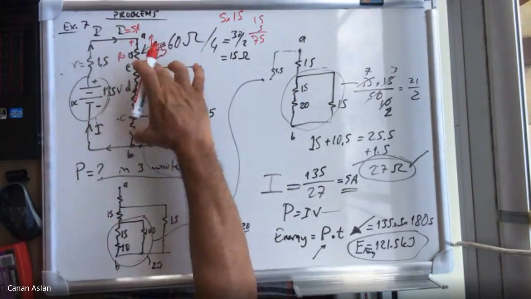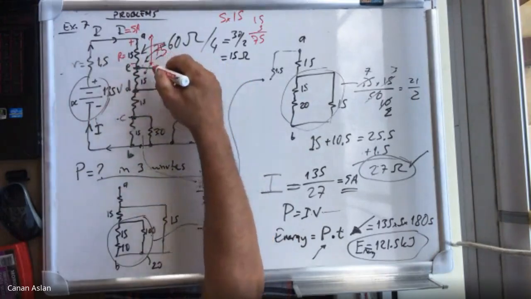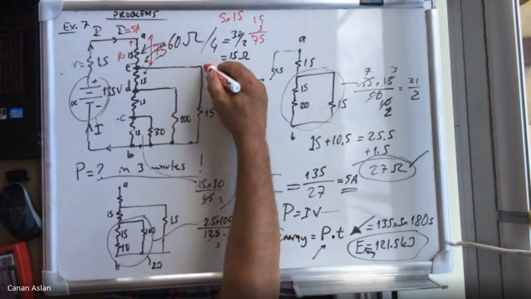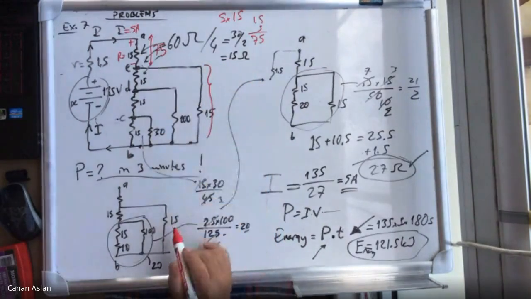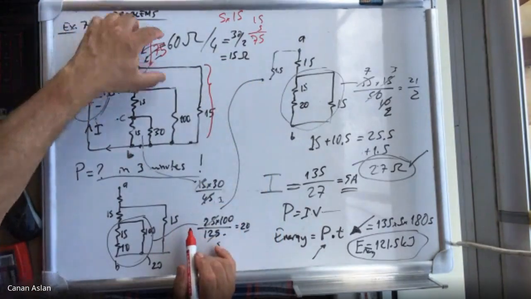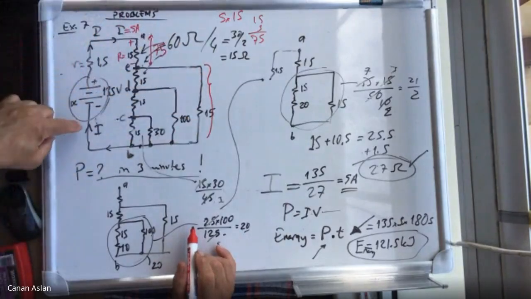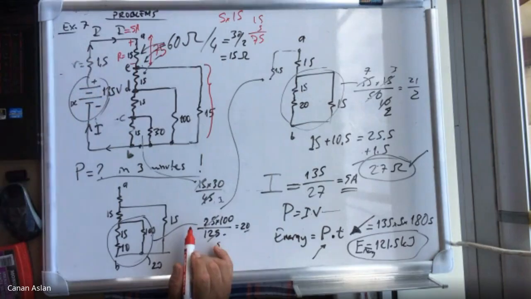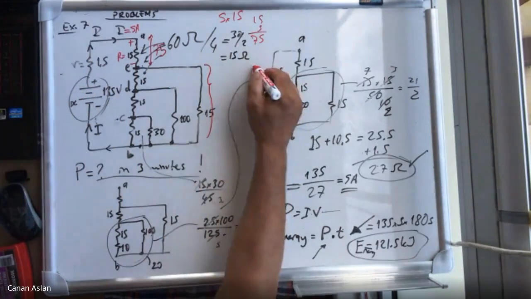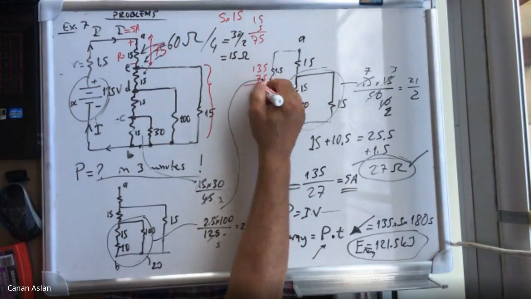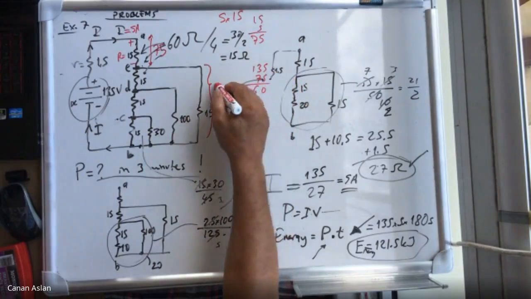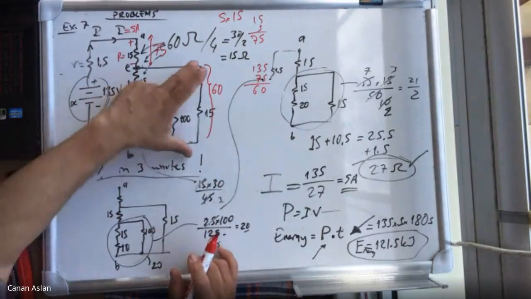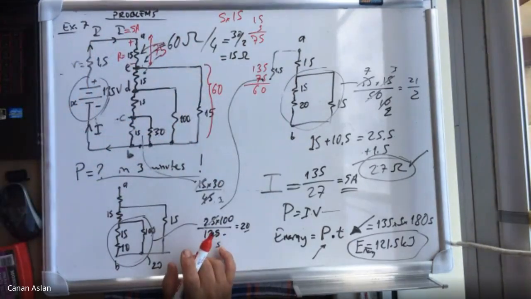So the rest will be here. The total voltage here, if this is 75, will be found by subtracting 75 from 135. So 135 minus 75, 60 volts there. This is 60 volts.